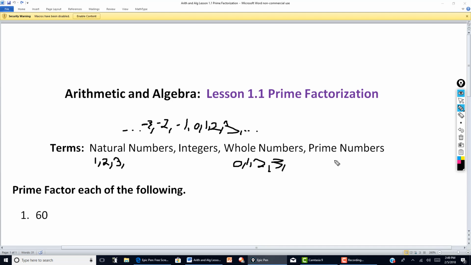Now, by definition, a prime number is a natural number greater than 1 that only has 2 factors or 2 divisors, and that would be the number itself and 1. So it's a natural number larger than 1.